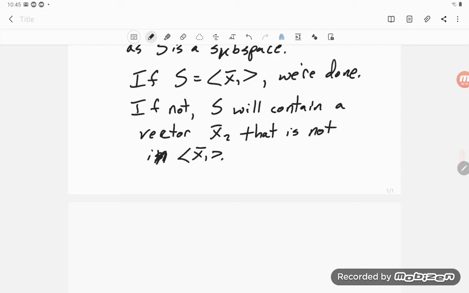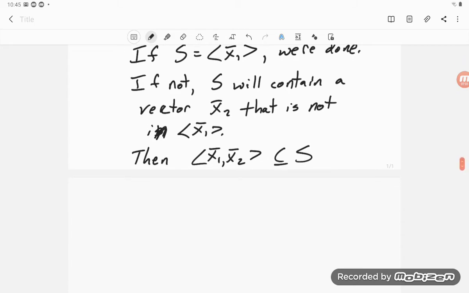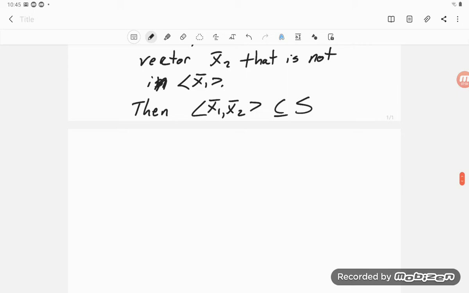Okay. Now, if that's the case, then the subspace generated by x1 and x2 would have to be a subspace of S, because x1 and x2 are in S, so every linear combination of x1 and x2 is in S. And then they just keep going.